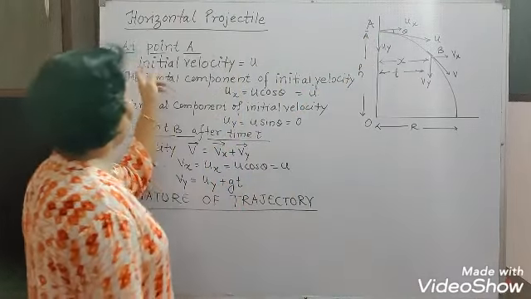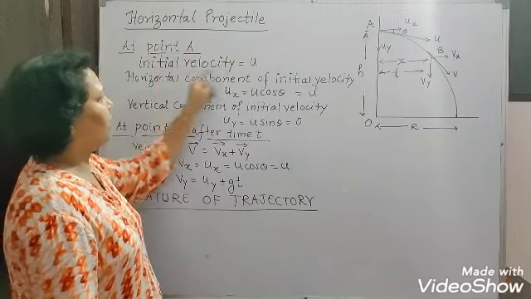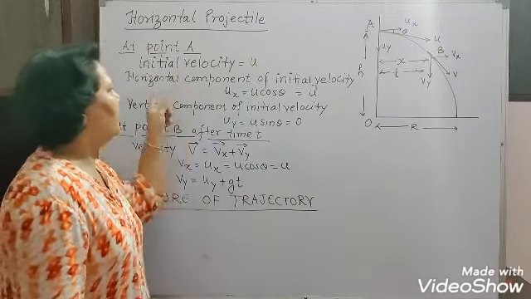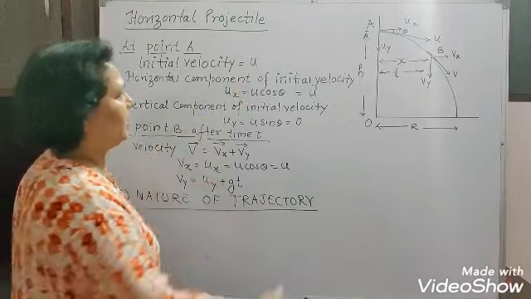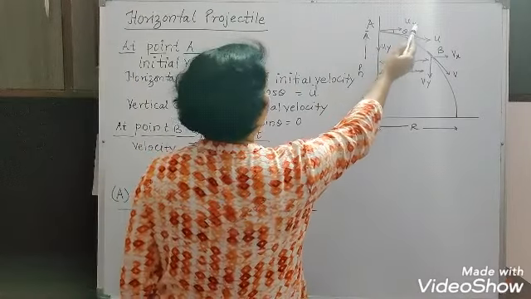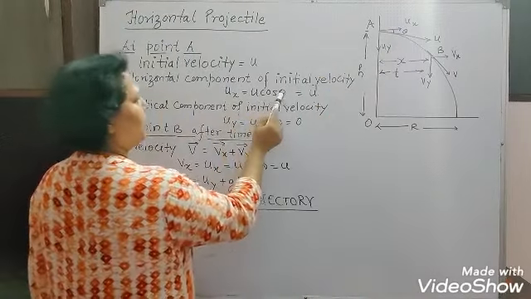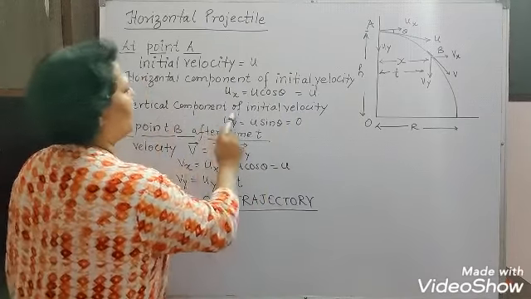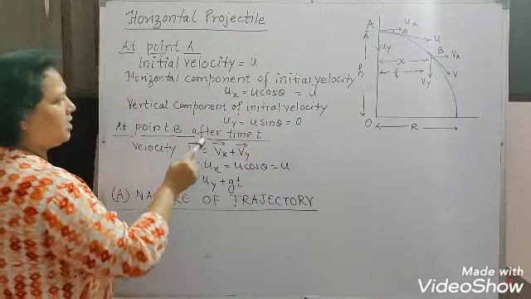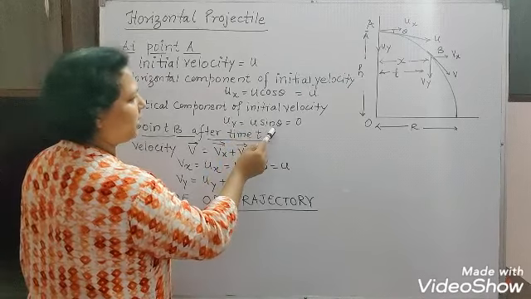So at the point A, the initial velocity is u. The horizontal component of initial velocity, in this direction, is ux, which is equal to u cos theta. And the vertical component of initial velocity is uy, which is equal to u sin theta.